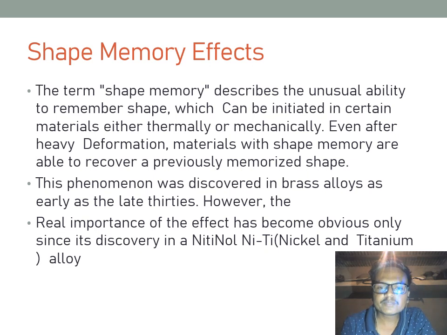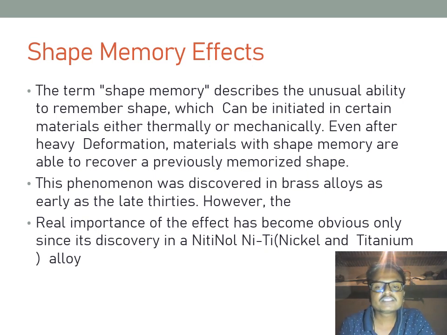After heavy deformation, materials with shape memory alloy are able to recover their previously memorized shape, which means they remember their original shape. Suppose we have a spring which we mechanically deform into a wire, and when we heat the spring, it goes back to its original shape, the spring, even after we mechanically deformed it into a long wire.